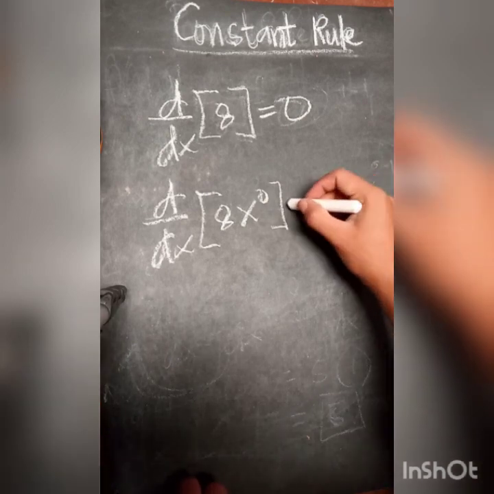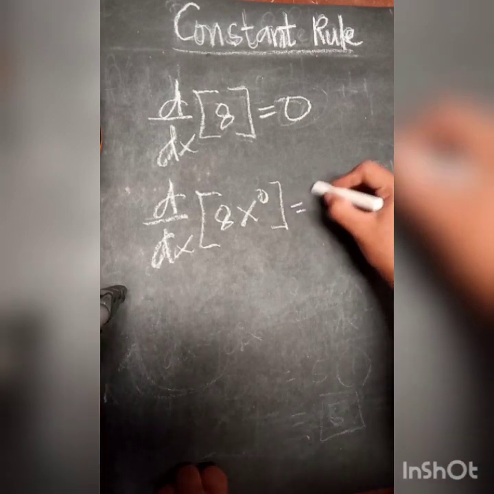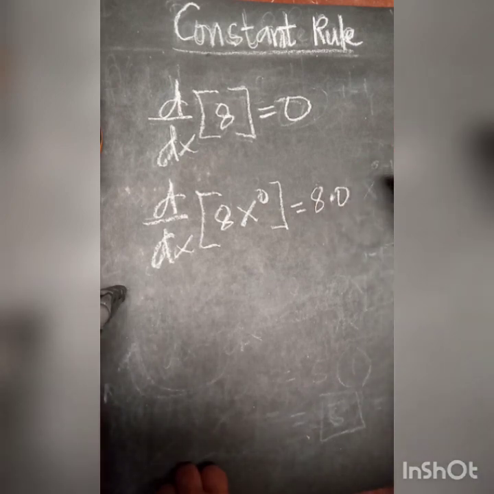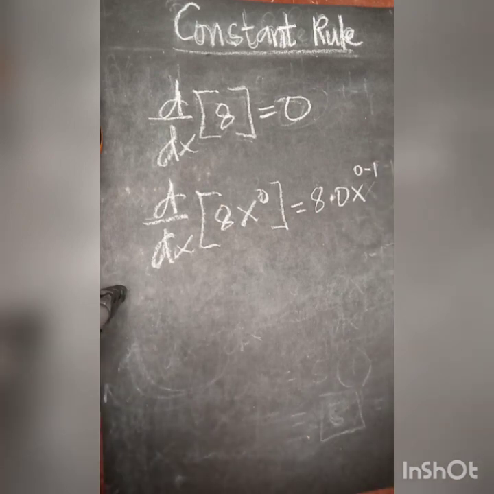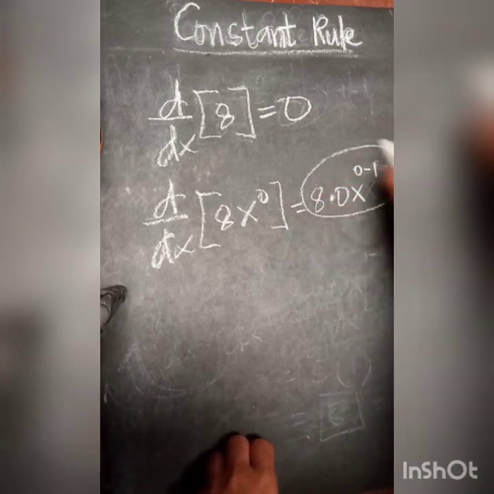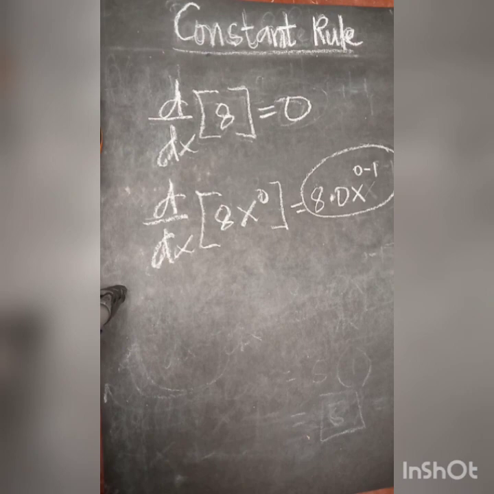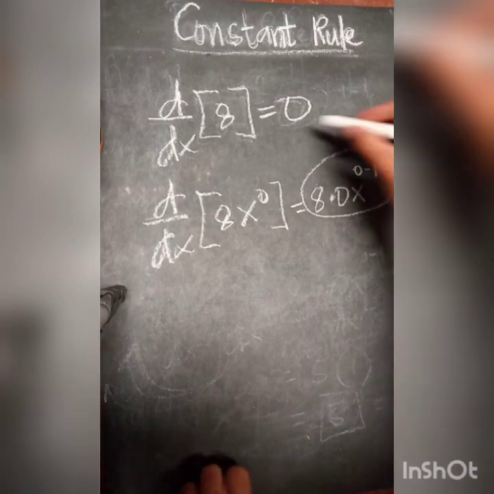So we have 8 times 0 x raised to the power of 0 minus 1. So 0 times anything is 0. So the whole thing is 0. That's the way we can show that the derivative of a constant is 0 using the power rule.